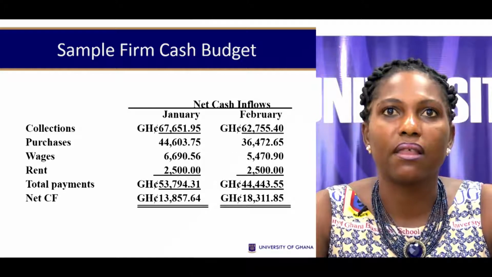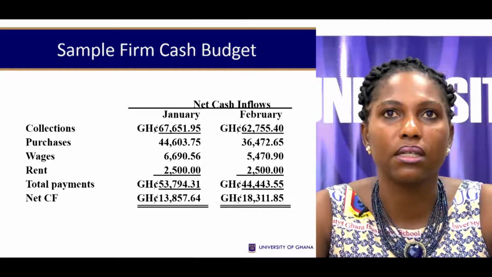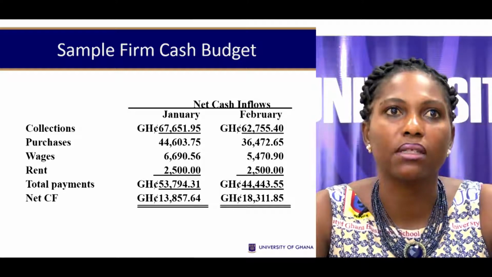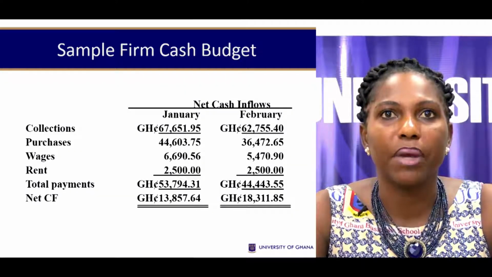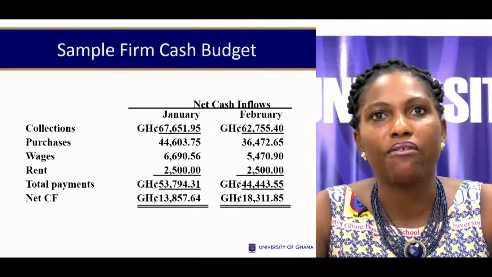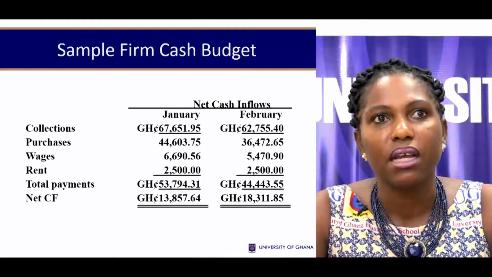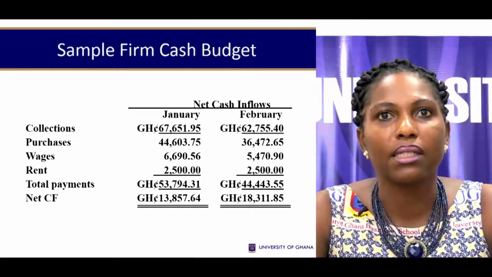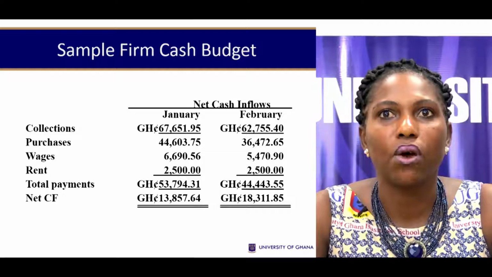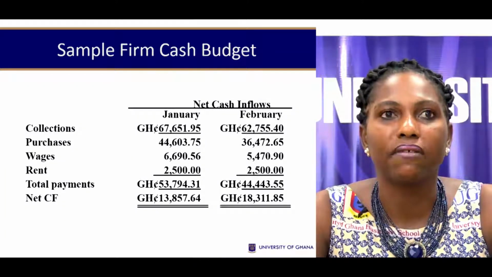Now, look at a sample of a cash budget where in January the firm makes a total collection of 67,651 cedis and then total purchases of 44,000, and then made payments for wages of 6,690 and paid rent of 2,500. In all, the total payments made were 53,000 out of total collections of 67,000.